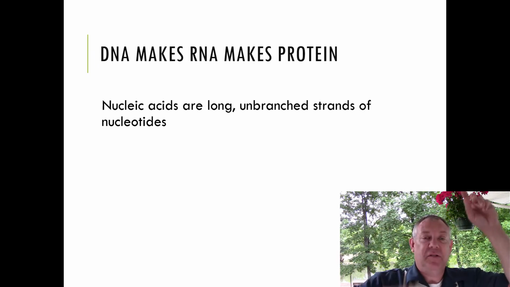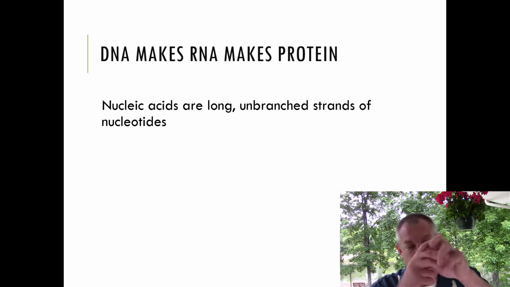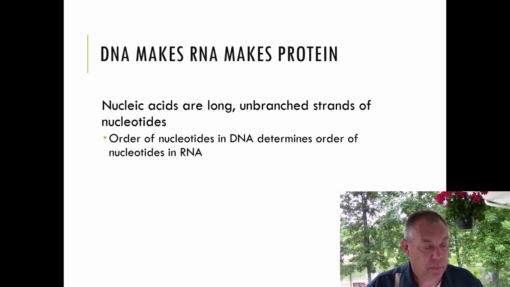They don't have pieces going off. And so you have a DNA strand, and then that will make an RNA strand, and then that will make an amino acid strand, and then that amino acid strand will fold into the characteristic shape of the protein.